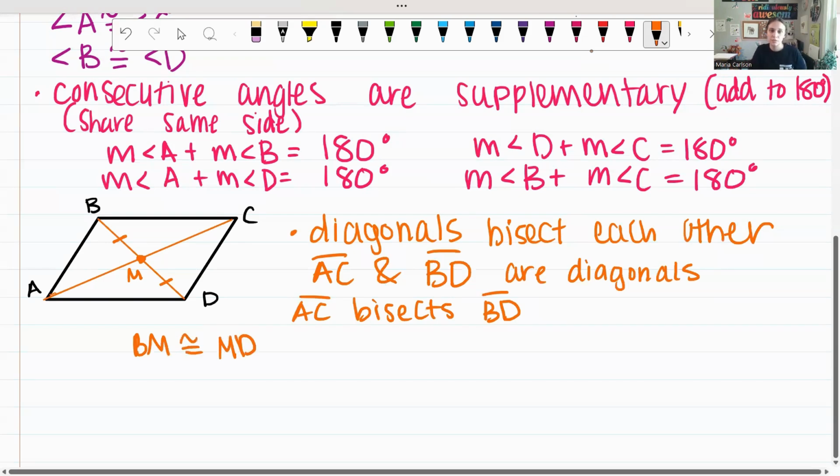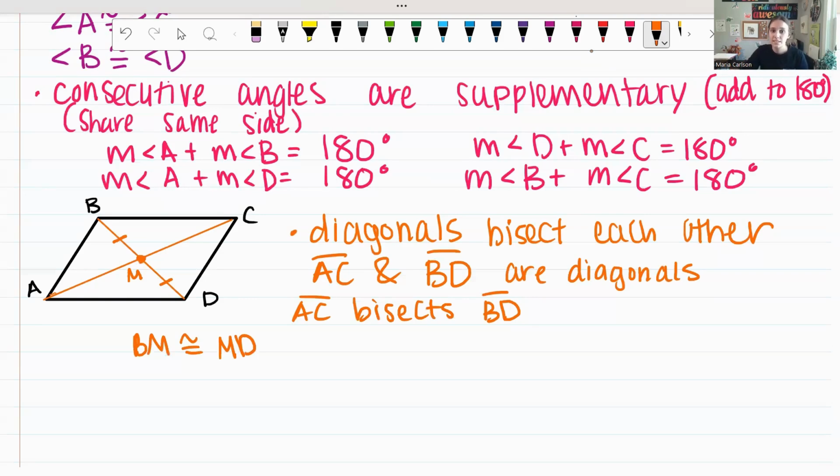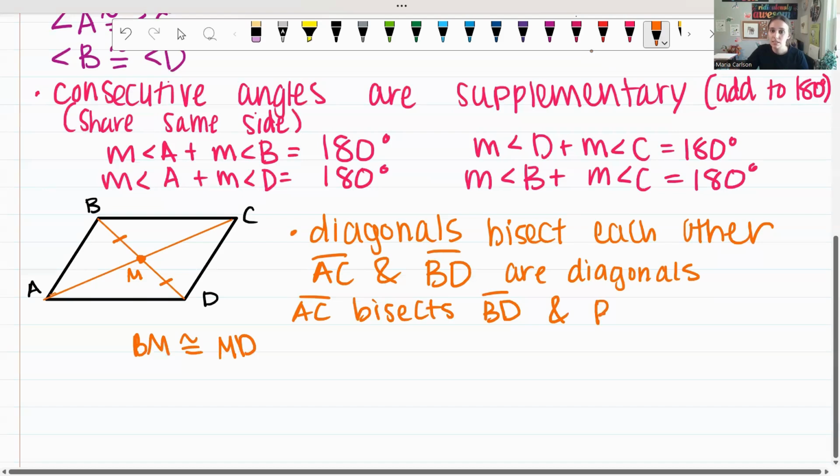So BM is congruent to MD. And BD likewise bisects AC, cutting it into two congruent halves. So BM is congruent to MD, and AM is congruent to MC.